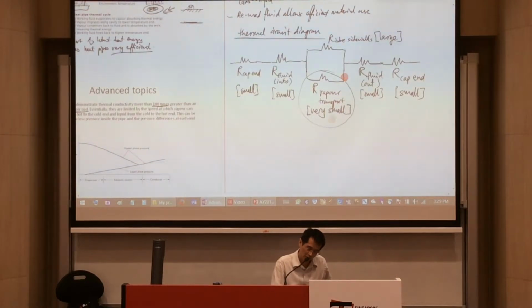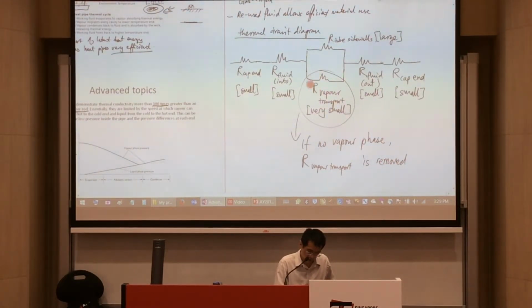There wouldn't be that because there's nothing to get transported, given that everything else is in the vapor form. So if there is no vapor phase, our vapor transport will be removed. That means there isn't that thermal resistance.